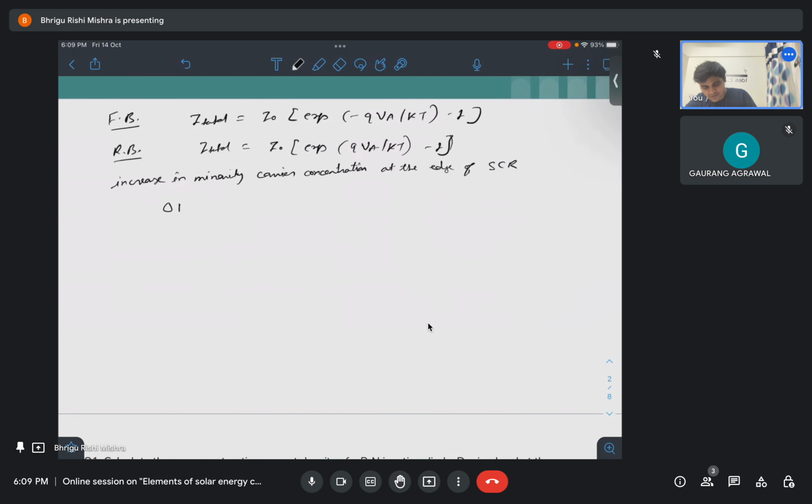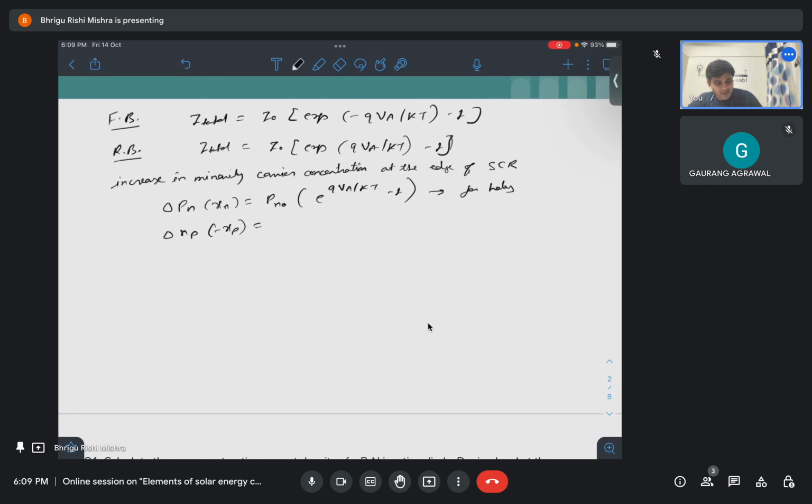It is delta Pn equals Pn naught, where Pn naught is the carrier concentration at equilibrium, times e to the power q Va by kT minus 1. This is for holes on the n side. Now for electrons on the p side at minus xp.